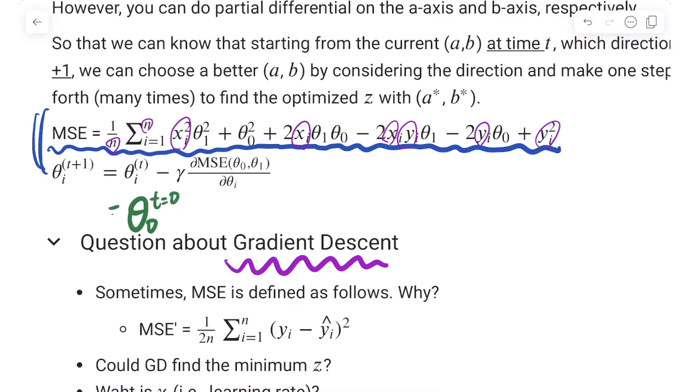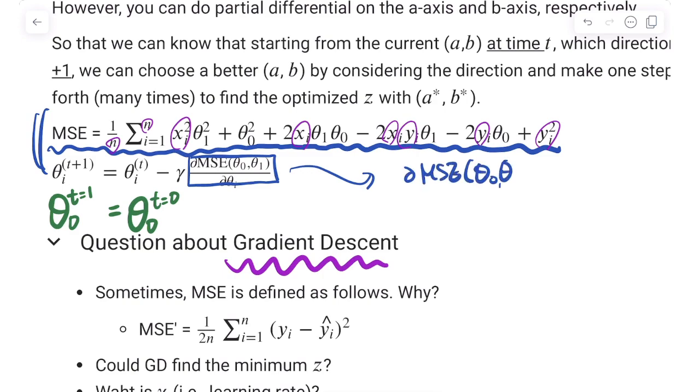Okay, in order to find the next theta 0, t equals 1, we do partial differentiation for theta 0.